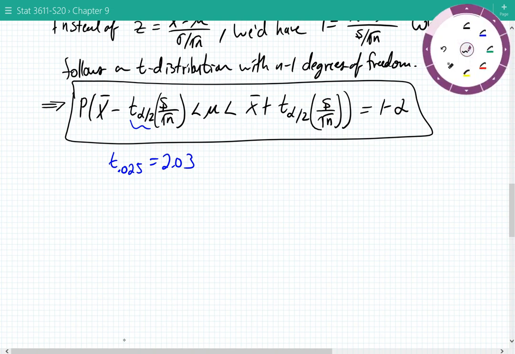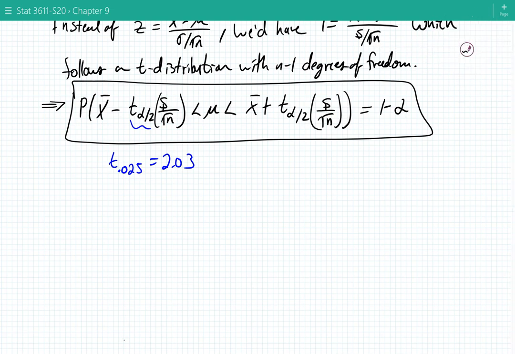All right, so let's just summarize a couple things real quick. If sigma is known, then our limits for our confidence interval will be found as follows: x bar plus or minus z alpha over 2 times sigma over the square root of n.